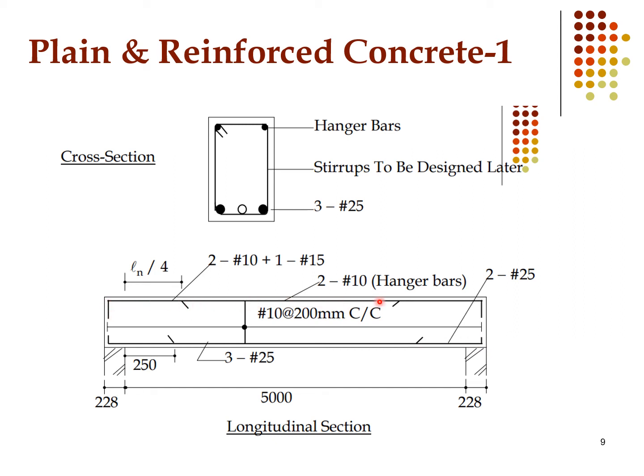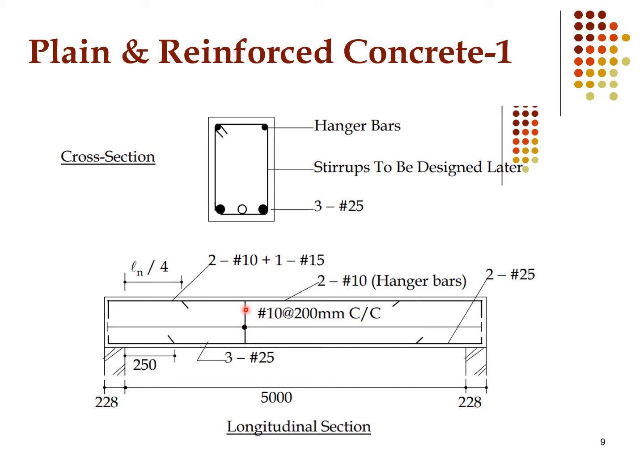This one, the upper bar, is basically what we call the hanger bar. Structurally, hanger bar has nothing to do. However, hanger bars are provided in order to keep the shear reinforcement in place in proper order, at a proper distance. So these 2 number 10 bars, we do not design them, but we provide them in order to keep these shear stirrups at their proper distance.